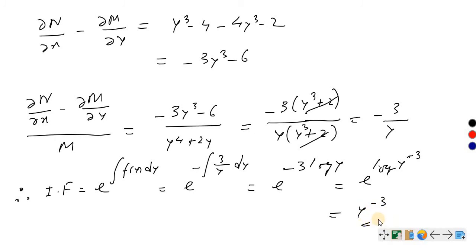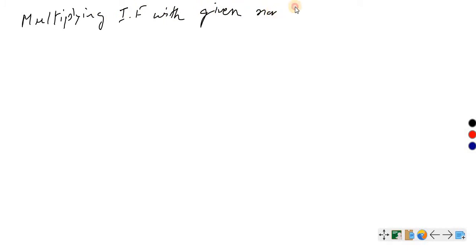So this is what my integrating factor is. Now I will multiply this integrating factor with the given non-exact equation.